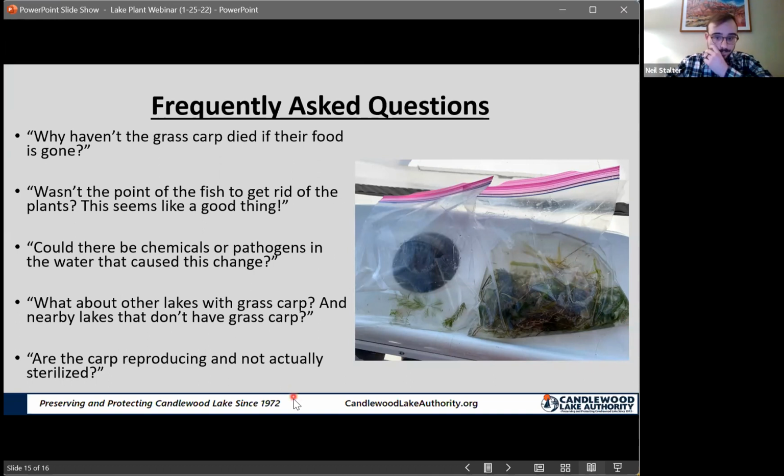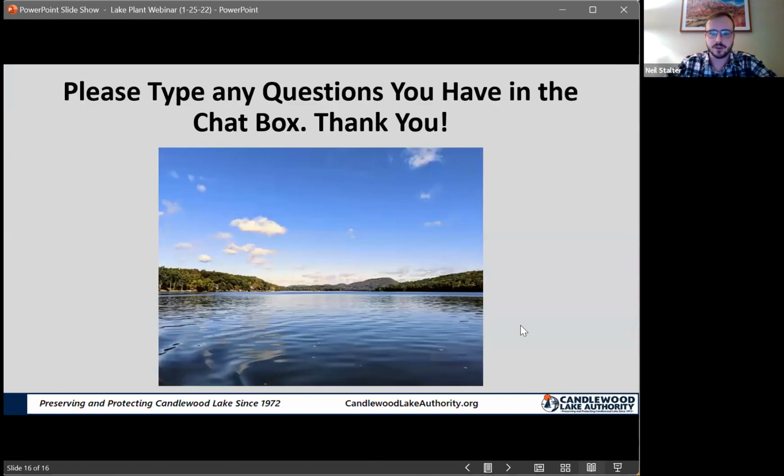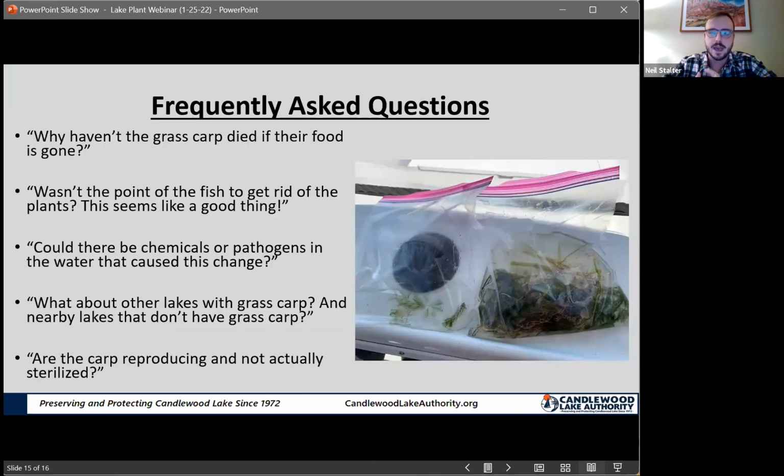And then finally, what if the grass carp aren't sterile? What if they're reproducing? That's a good question. But thankfully, I do have good news here. Two pieces of good news. The first is that checking for the carp sterilization is a federally managed, regulated program, and it's extremely rigorous because if it weren't, basically you would just be purchasing an invasive species, right?